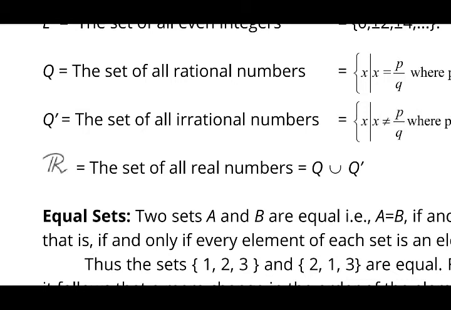Q dash is the set of all irrational numbers. We discussed both these sets in the first chapter.